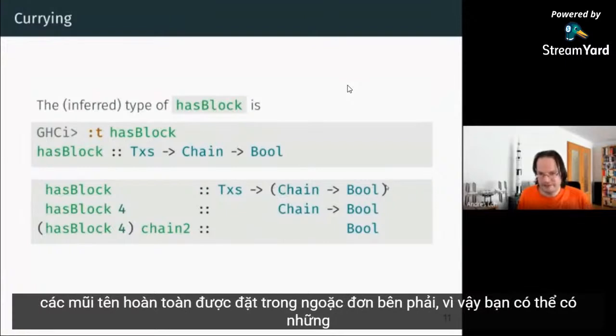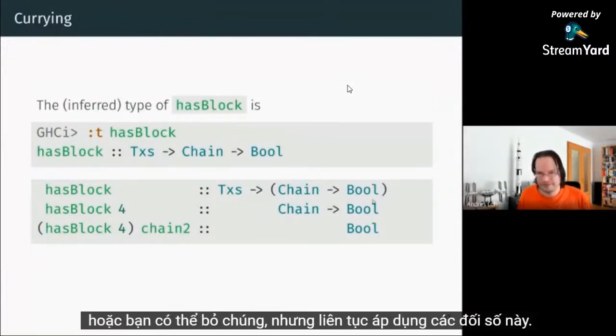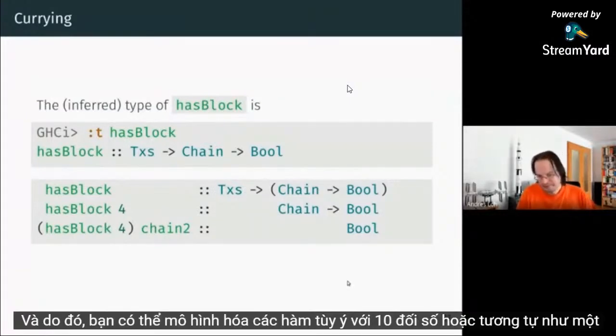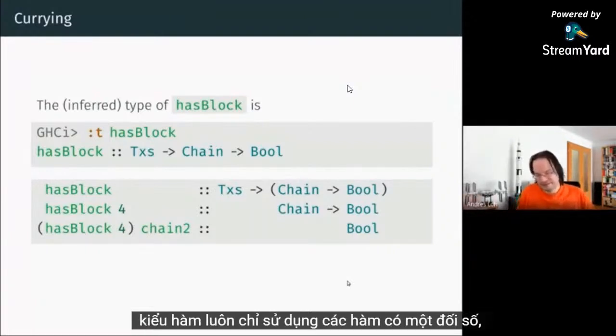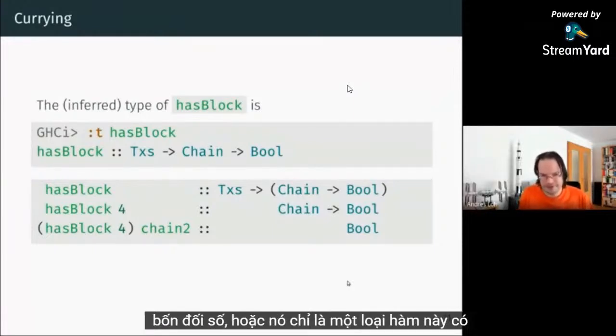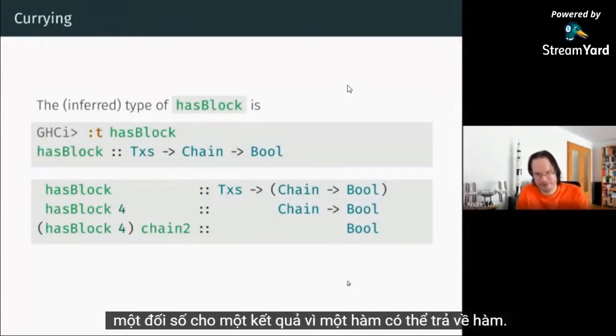The function arrows are implicitly parenthesized to the right, so you can have these parentheses or you can drop them. But repeatedly applying these arguments supplies the required arguments to the functions one by one. And so you can model arbitrary functions with 10 arguments or so as a nested function type that always uses just functions that have a single argument, but then deliver another function. So there aren't really built-in function types of 2 or 3 or 4 arguments. There is just this one function type that takes one argument to one result.